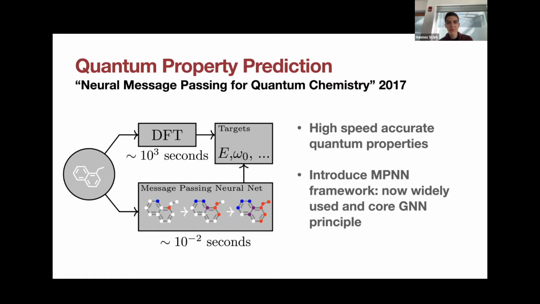So coming from this application side, we had advancements with general methods that are now very generally applicable. And what they did is to predict the quantum properties of a small molecule, as we just described it. When I say quantum properties, these are properties like energies, right?